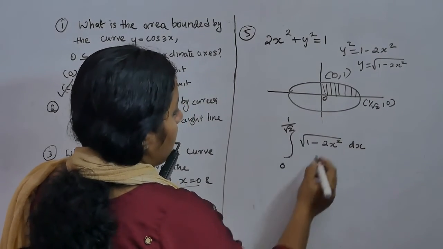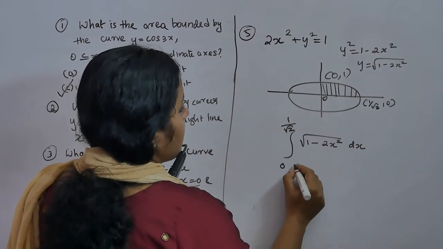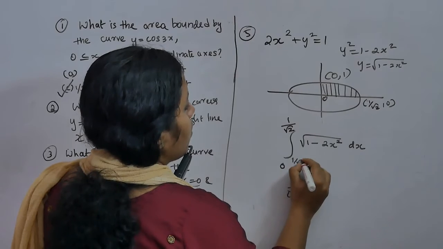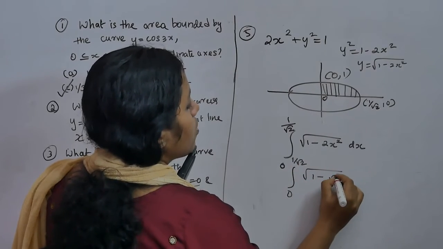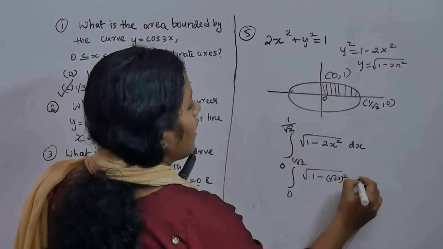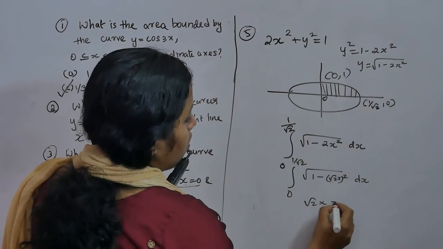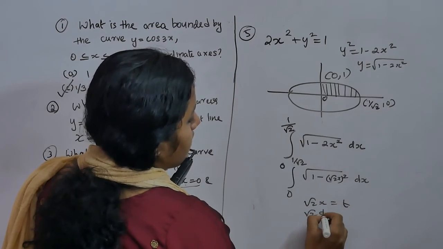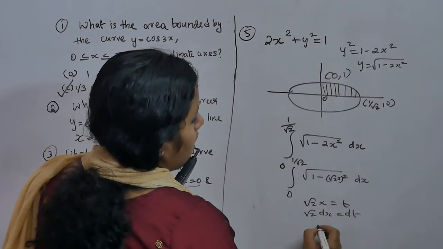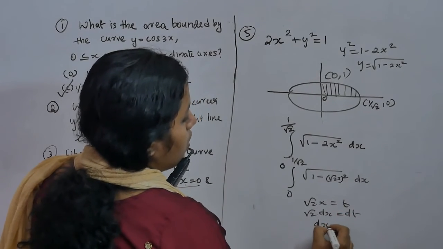Okay, so this can be written as integral 0 to 1 by root 2, root of 1 minus root 2x the whole square dx. I am substituting root 2x is equal to t, root 2 dx is equal to dt, dx is equal to dt by root 2.